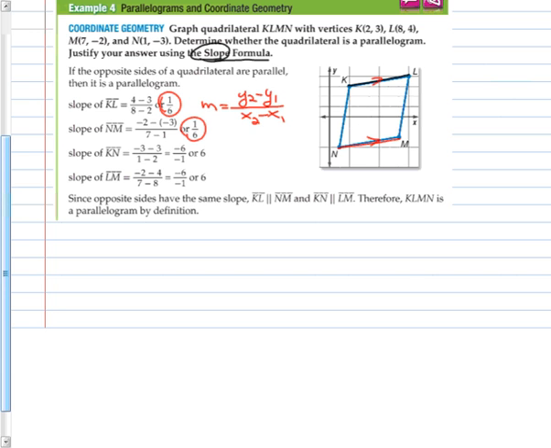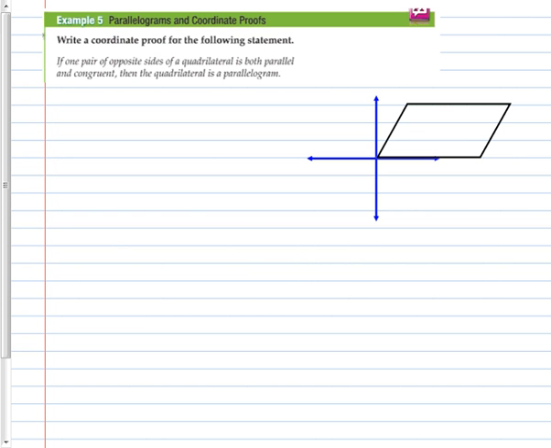I know these are parallel. And then they took the side KN, this one right over here, and they got a 6. And they took LM, and they got a 6. Those sides have equal slopes. They are parallel to each other. So why do I know it's a parallelogram? Both pairs of opposite sides are parallel by the definition of the parallelogram.